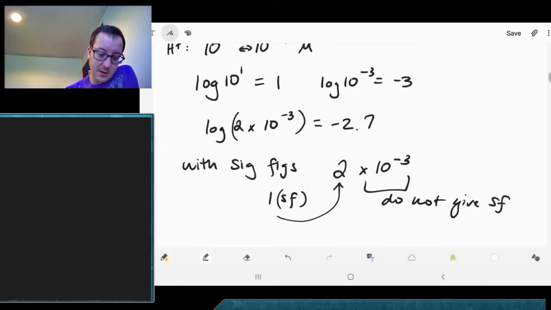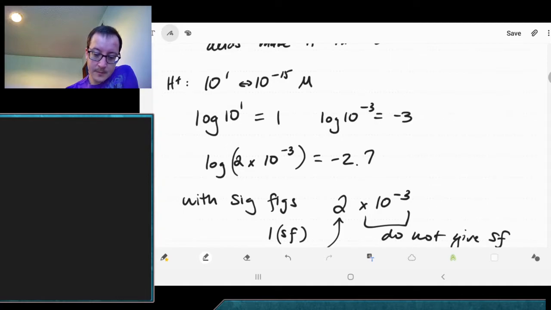And so, as a result, with logarithms, since this didn't have any sig figs, that tells us that this number doesn't have any sig figs either. And same thing here. This number had no sig figs, therefore that number has no sig figs.